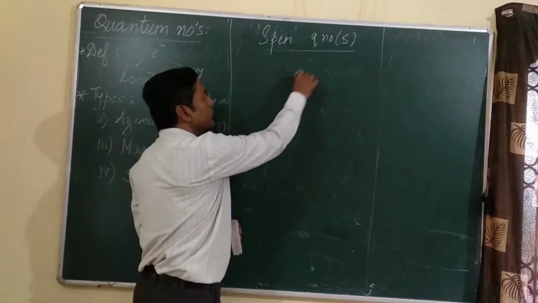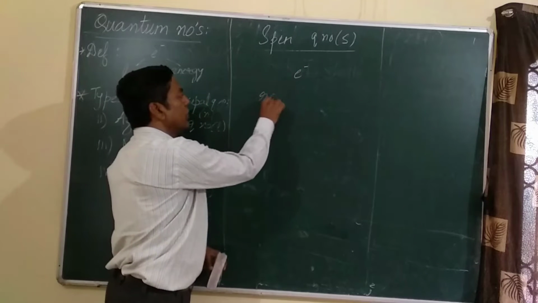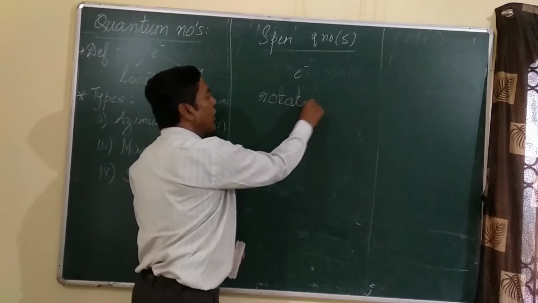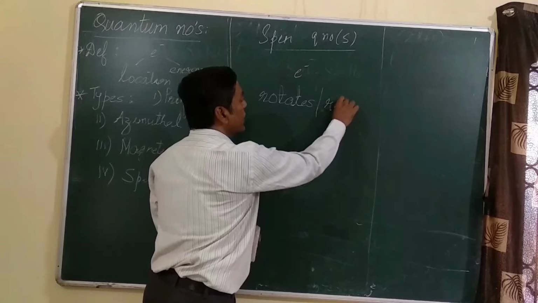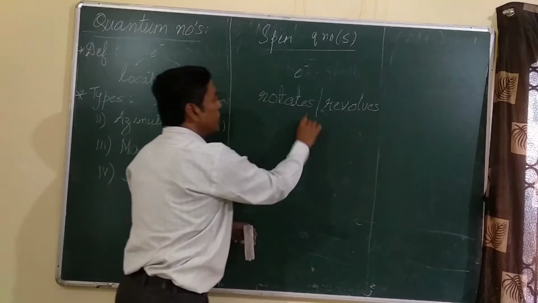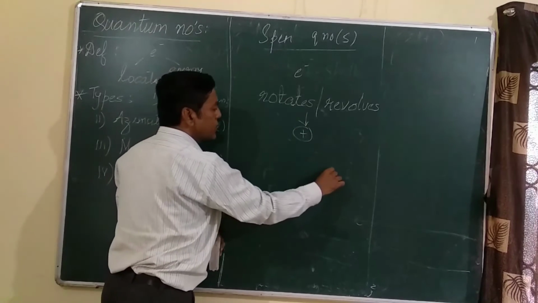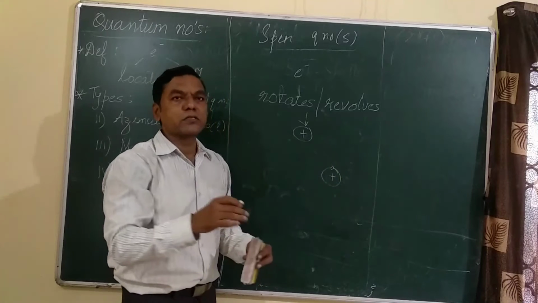the electron, how the electron rotates or revolves around the nucleus. Here you have to see how it is moving around the nucleus, or you can draw this particular diagram of how the electron is moving around the nucleus.